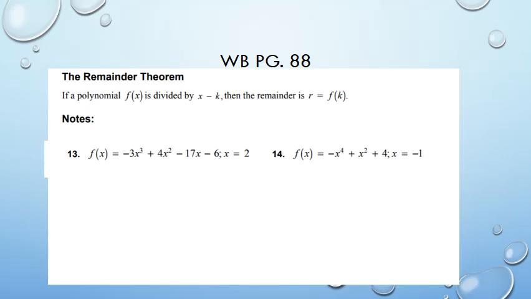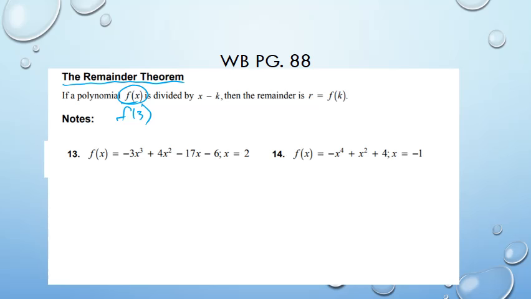Another nice thing about synthetic division is we can do something called the remainder theorem, which means what the theorem says is that if you want to know what f of a number is, let's say f of 3.